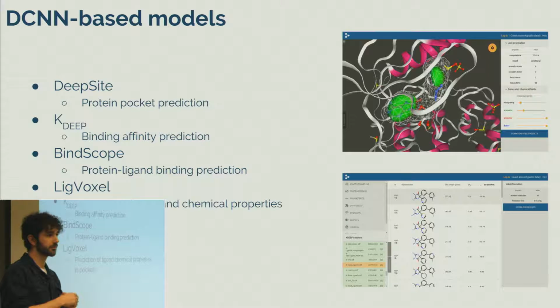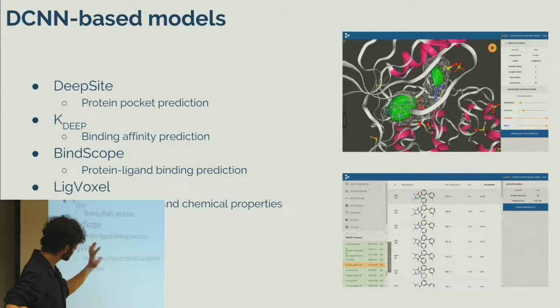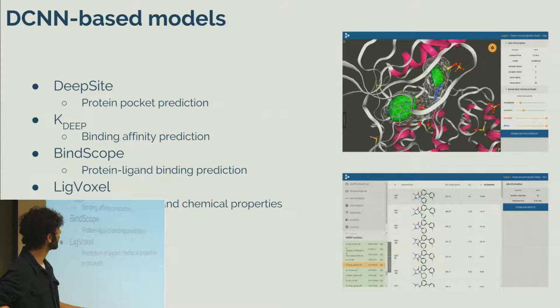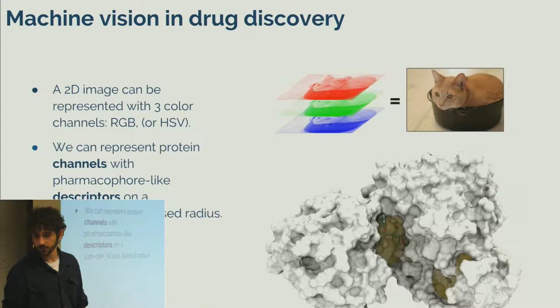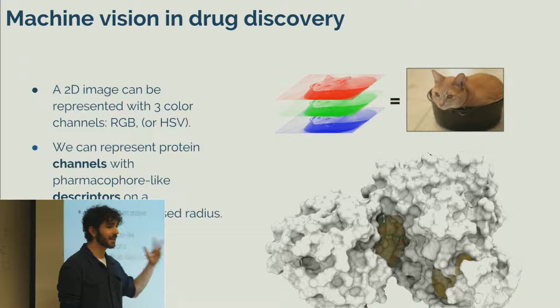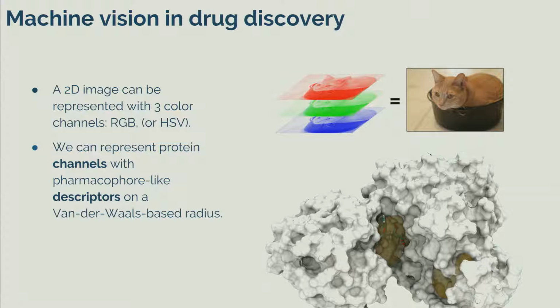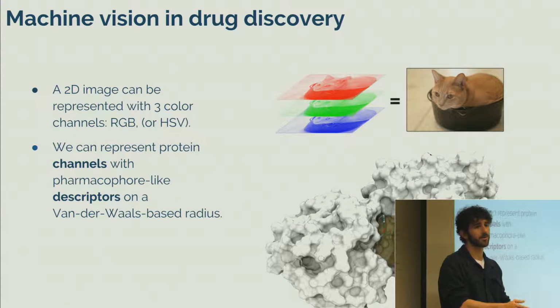I don't know if many of you have knowledge in these aspects, but I'll try to keep it simple. These are the applications that are based on this technology. The main idea behind these deep convolutional neural networks was to treat proteins as 3D images, basically.